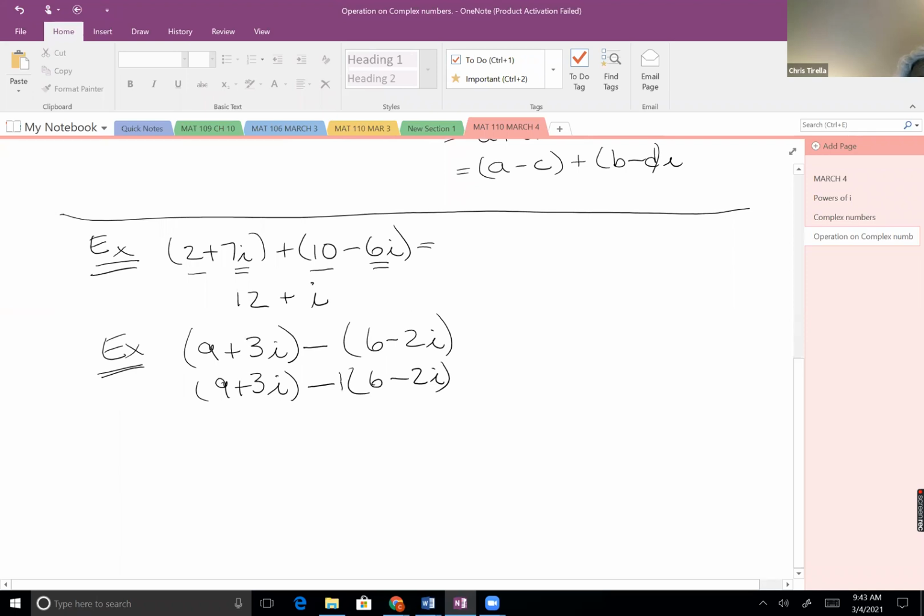I like to think of it just like when I'm subtracting polynomials, putting that 1 in front and distributing that negative 1, so that I get 9 plus 3i minus 6 minus times minus would be plus 2i. And now when I combine what's like, I get 3 plus 5i.